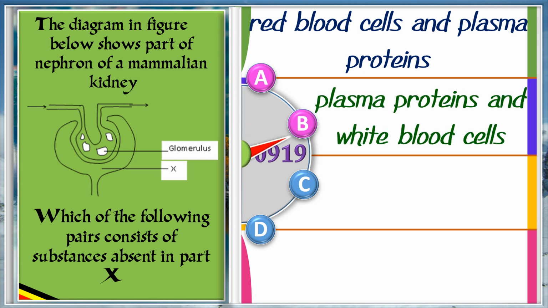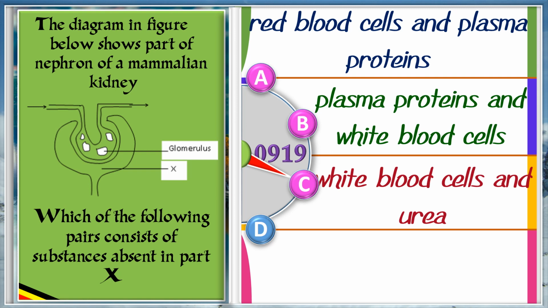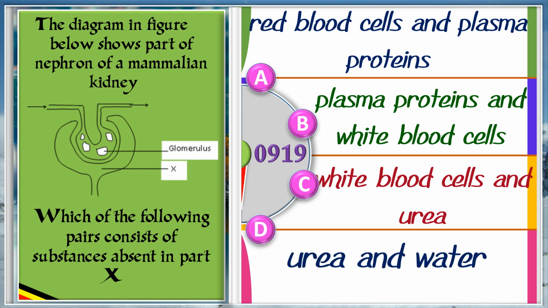B, plasma proteins and white blood cells. C, white blood cells and urea. D, urea and water. And the answer is A, red blood cells and plasma proteins.